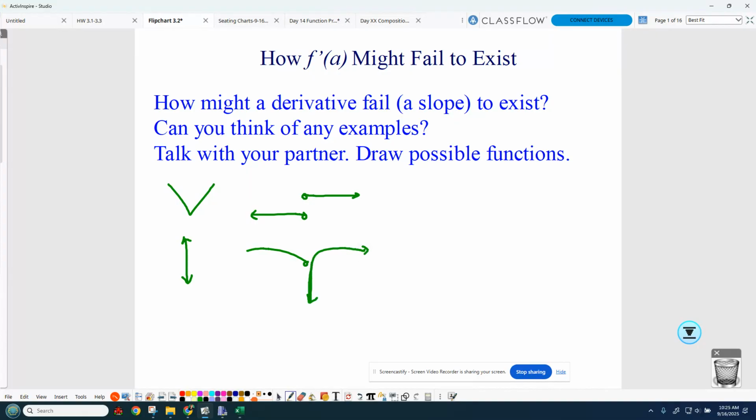People have various forms of this kind of picture. So I don't see a lot of different, like some of you have different forms of these. Okay, so there's one other, corners.